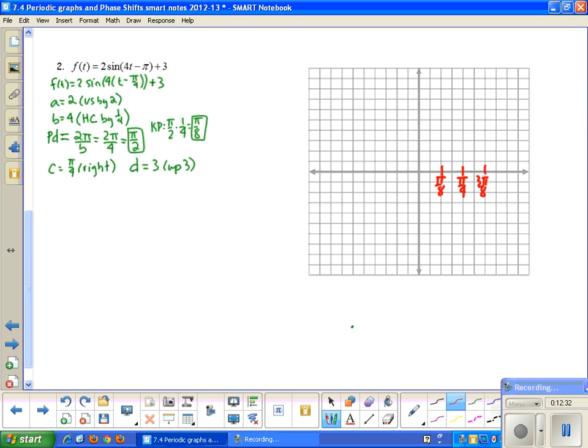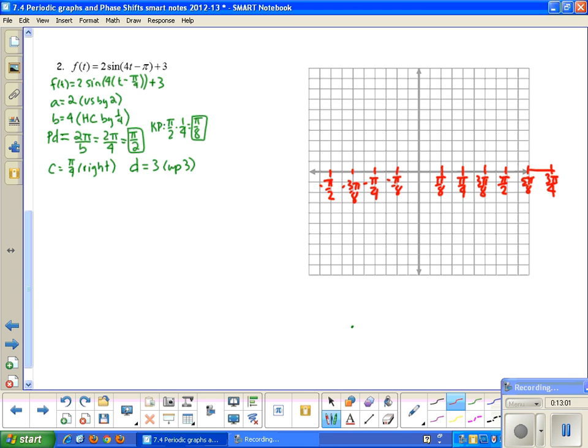And then we have 4 pi over 8, which is pi over 2. Then we have 5 pi over 8. And then the next one over here would be 6 pi over 8, which would be 3 pi over 4. And of course I could go backwards too. So this would be negative pi over 8, negative pi over 4, negative 3 pi over 8, and negative pi over 2.